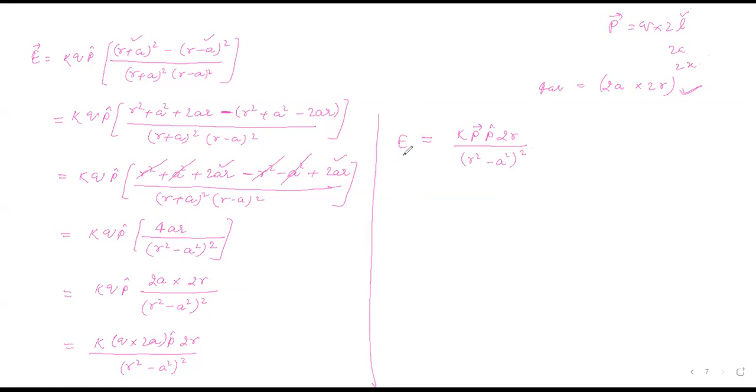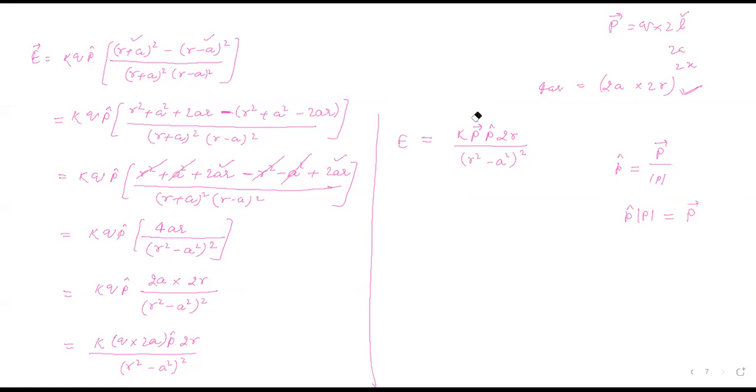Another step. What is the unit vector of p? Unit vector of p will be vector of p over mod of vector p. Are you clear? Or we can also write unit vector of p into p is equal to vector of p. Do you understand it?